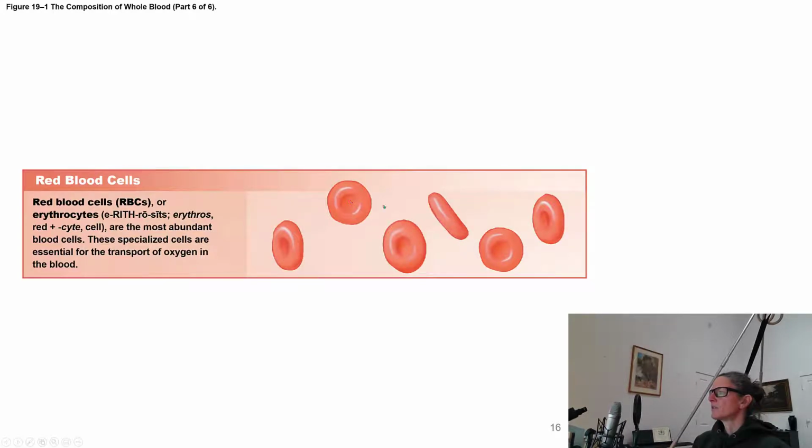And if you look at them in cross-section, here's one that's on its side. If you were to slice through it, you would see this figure 8 where the outside is thick and then it thins in the middle and gets thicker again on the outside. And this is going to maximize the surface to volume ratio. And this is going to allow these things to exchange materials across them very, very quickly.